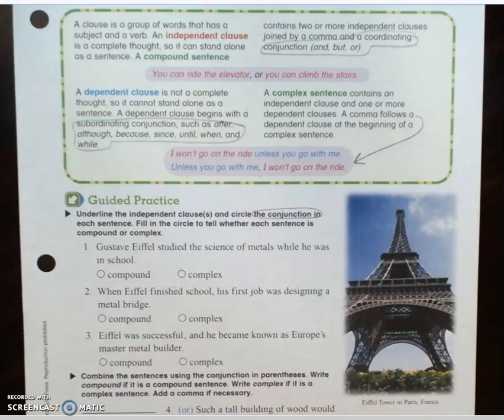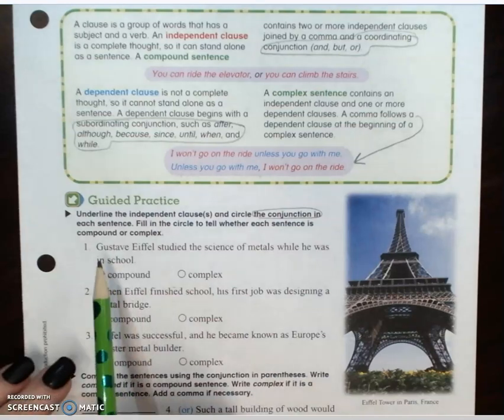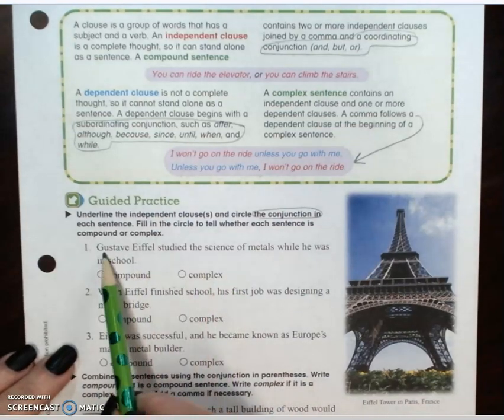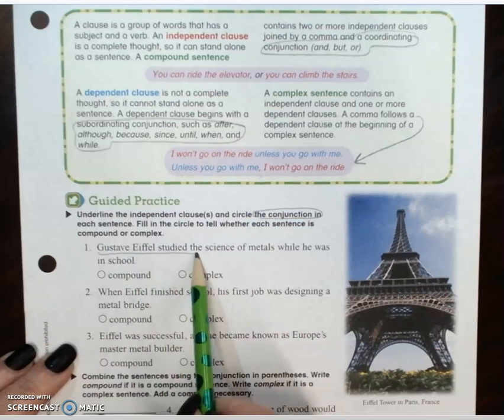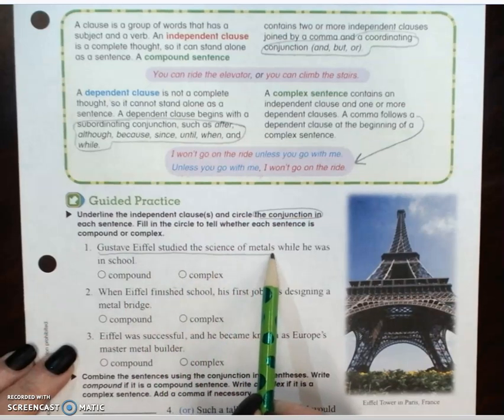So let's begin. Gustave Eiffel studied the science of metals while he was in school. They want us to underline the independent clause, the clause that can stand alone, a complete thought. That would be Gustave Eiffel studied the science of metals. That is a complete thought right there.